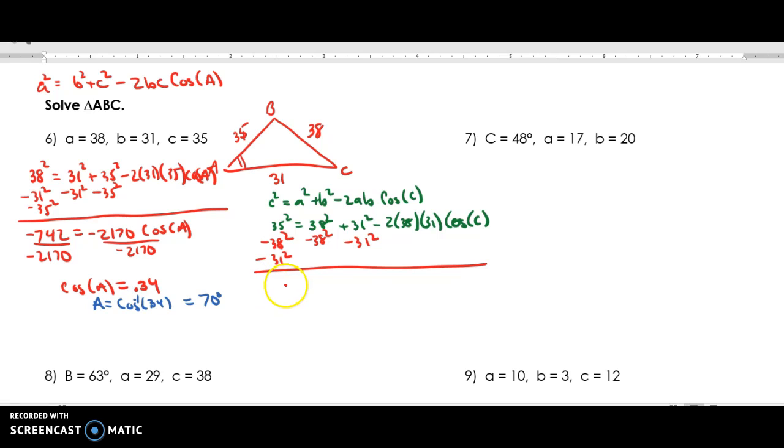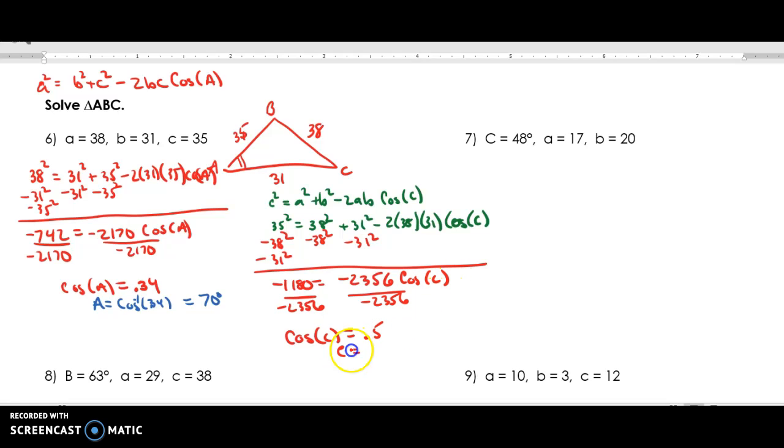And when we do that, you end up getting negative 1180 equals negative 2356 times the cosine of angle C. And when I divide by negative 2356, you end up getting the cosine of angle C is equal to 0.5.